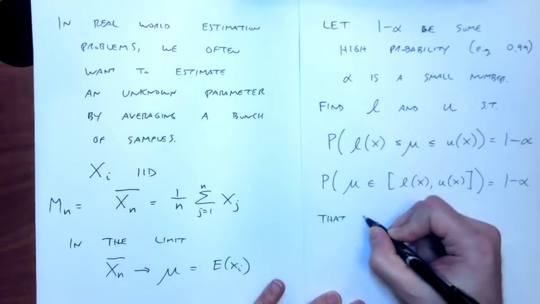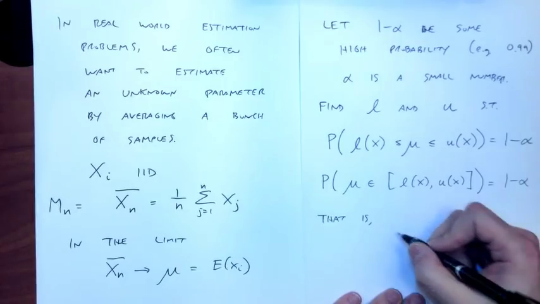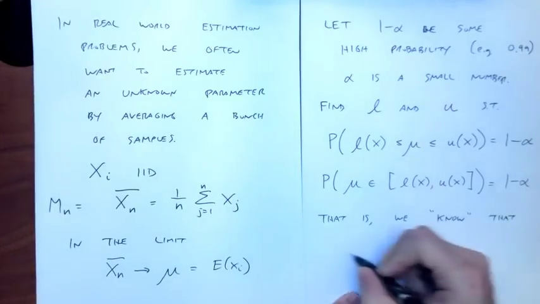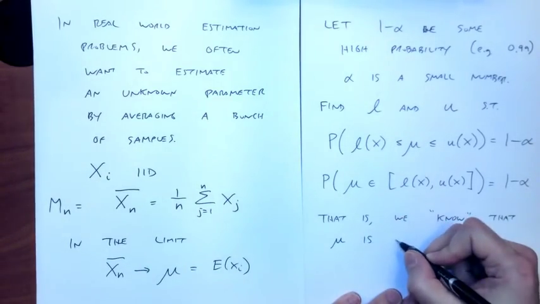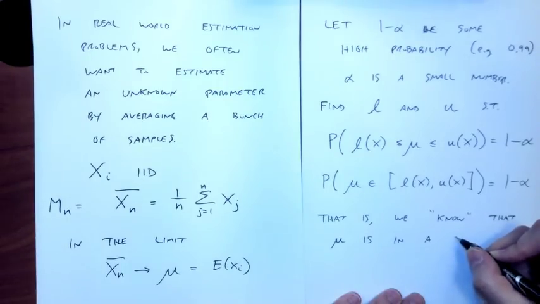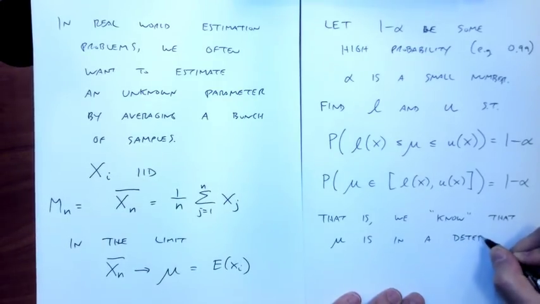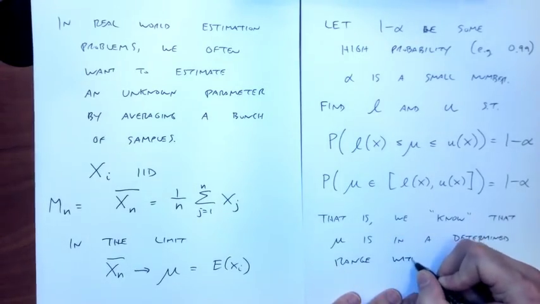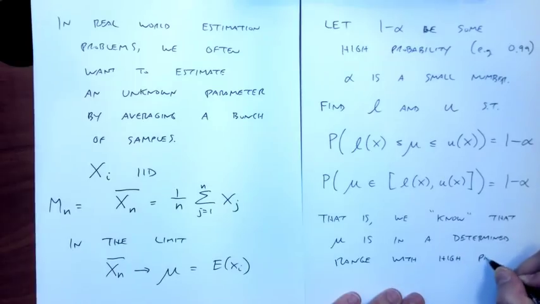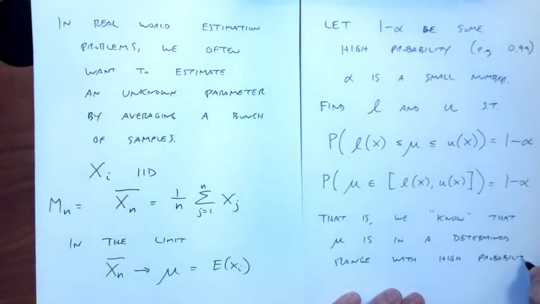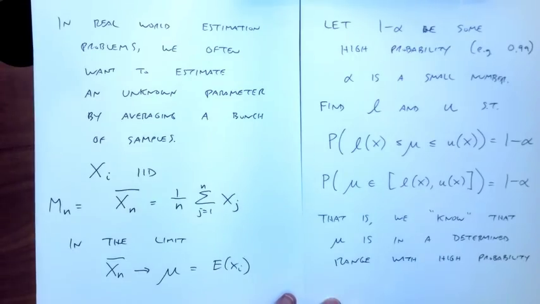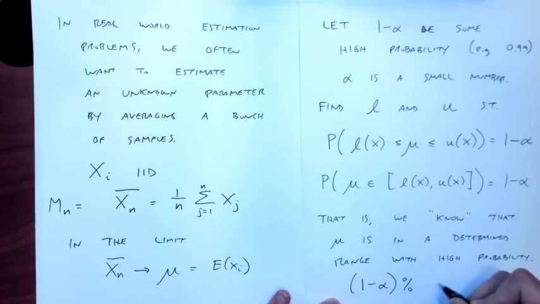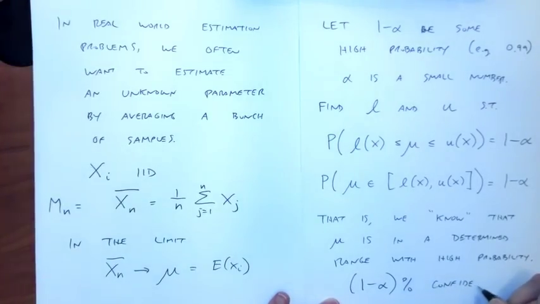So that is, we know that the true mean is in a determined range with high probability, right? And this is called the 1 minus alpha % confidence interval.